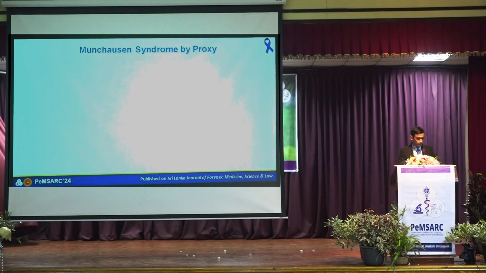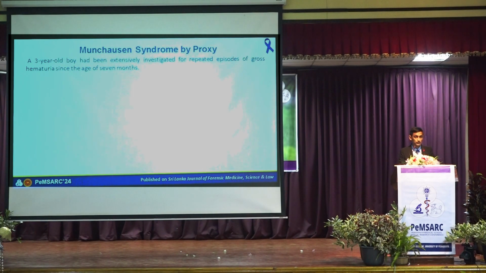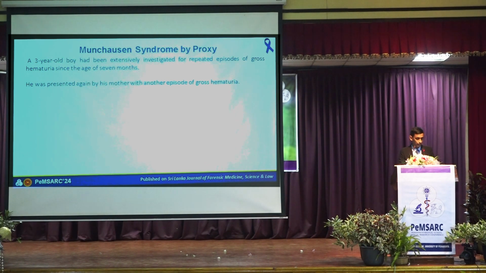In the next case, we have Munchausen syndrome, in which the caregiver simulates an illness in a child. In this case, a 3-year-old boy was repeatedly investigated for hematuria from the age of 7 months, and he presented again at the age of 3 years with his mother, and the doctors did the investigations.